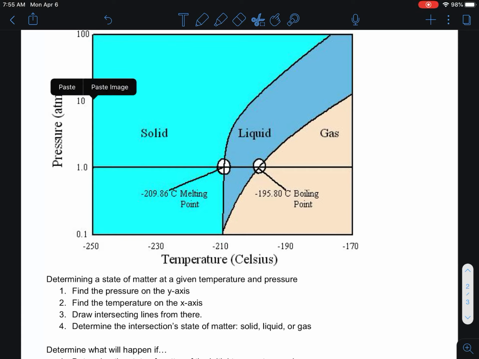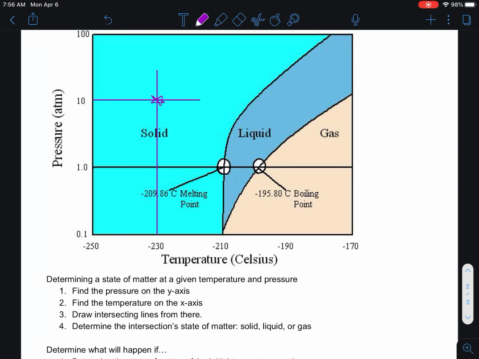So 10 atmospheres of pressure, I find that on the y, and I put a horizontal line. Negative 230, and I draw a vertical line. Right here in the middle is the scenario of a given pressure, 10 atmospheres of pressure, and a given temperature, negative 230 degrees Celsius. And this would be in the zone that we would consider solid.